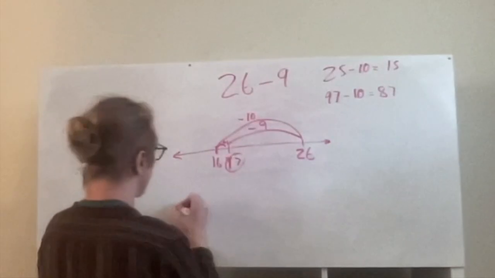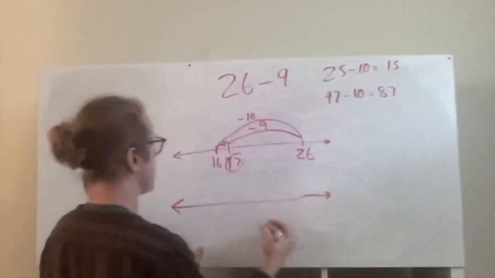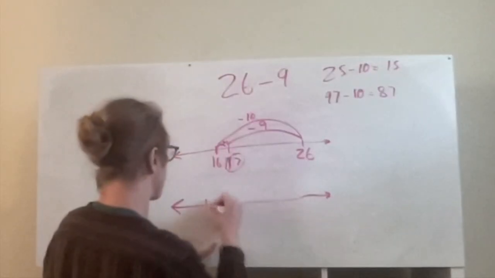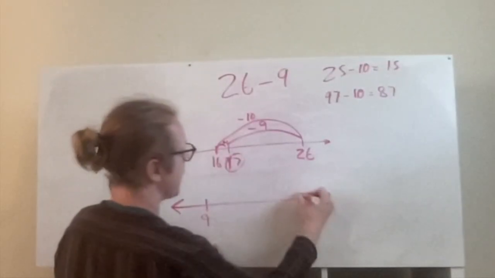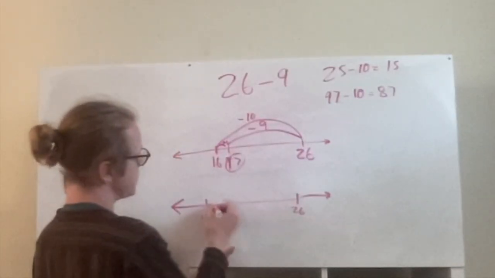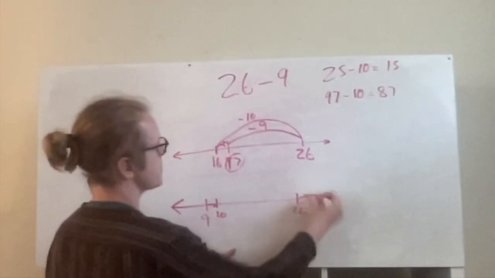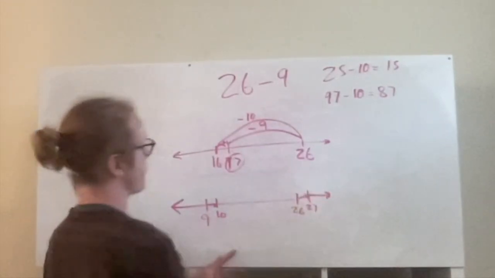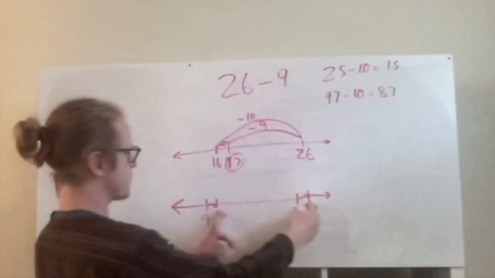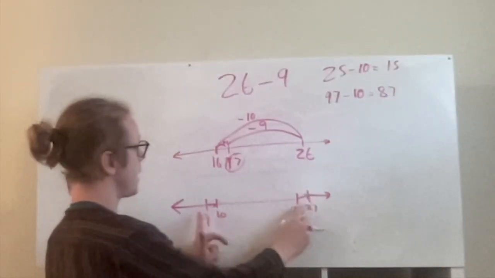So if we think about the distance between the two numbers, here's 9 and here's 26. Well, what if I just shifted them each up 1? So now this is 10 and this is 27. Do we see that the distance between them didn't change, right? So my answer is not going to change either.